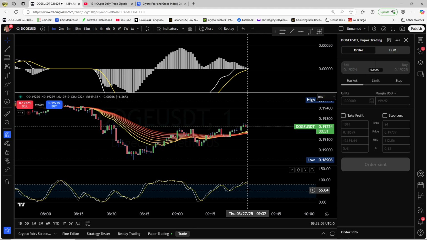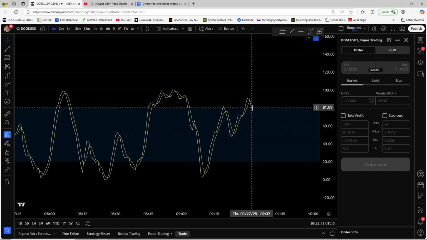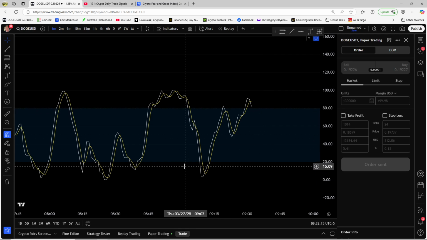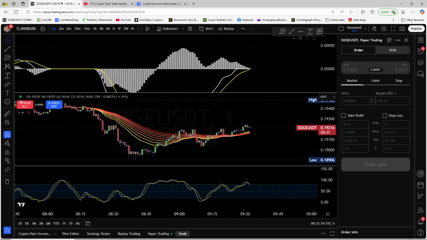See, now it's going to come down. The white line came down below the yellow. I need to make these a little bit bigger, I think. A little bit thicker lines, maybe.